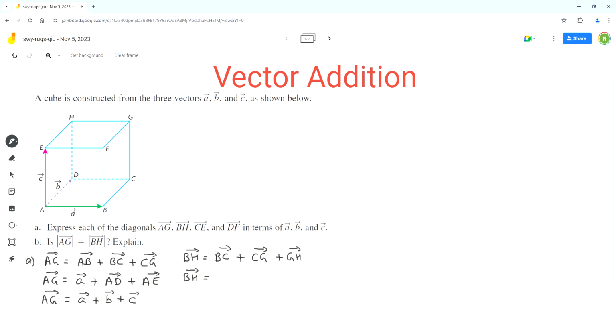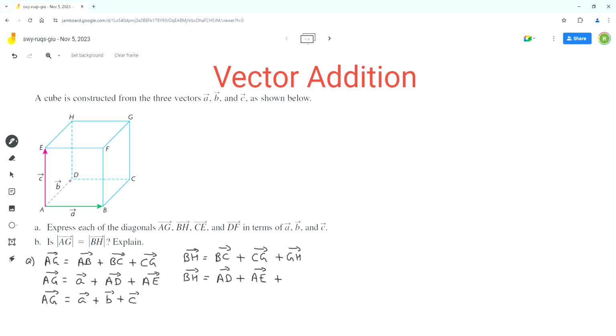Now vector BC is equal to vector AD because they have the same magnitude and direction, and vector CG is equal to vector AE because they have the same magnitude and direction.